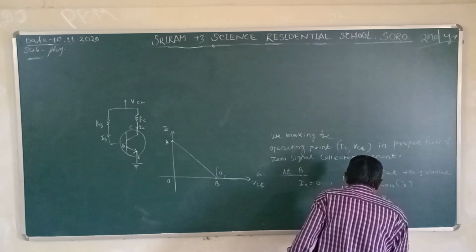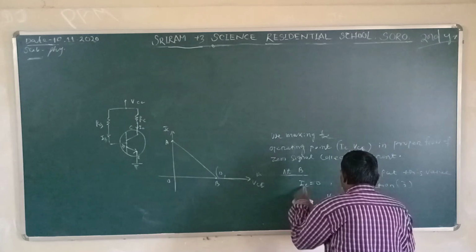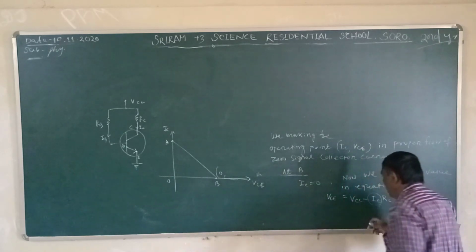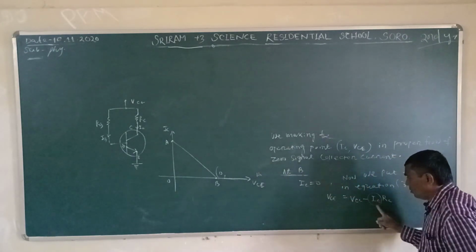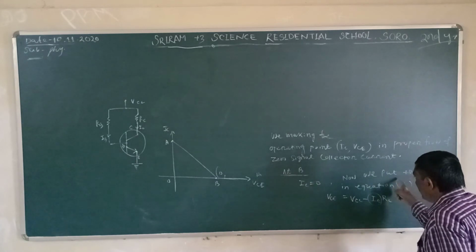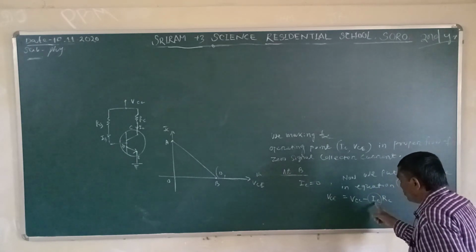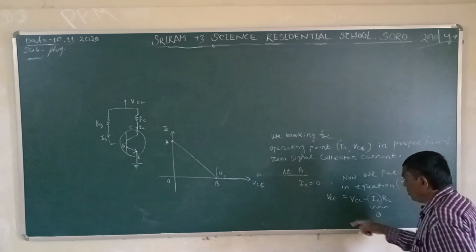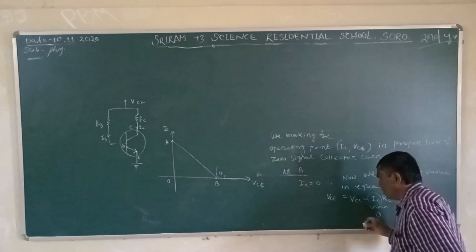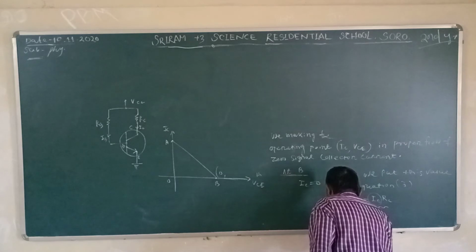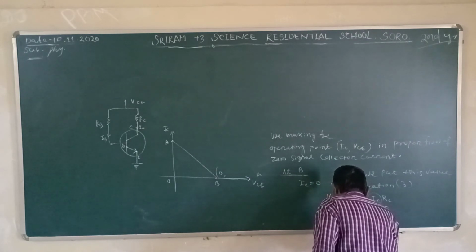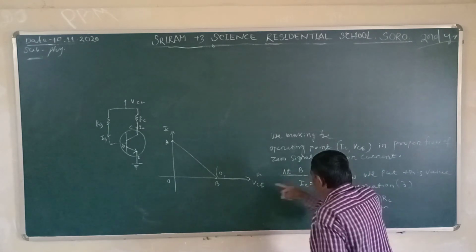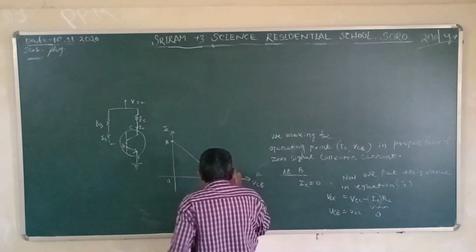Now this value IC equal to 0, we put this value in equation 3. So this term is also 0. Now VCE is equal to VCC. So this point is 0 and VCC.